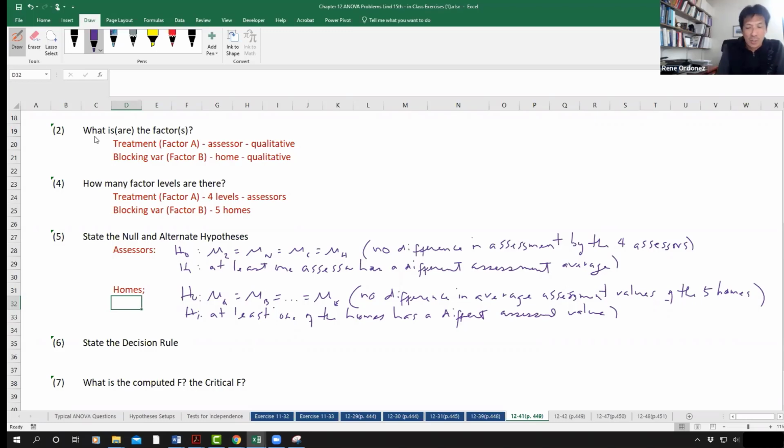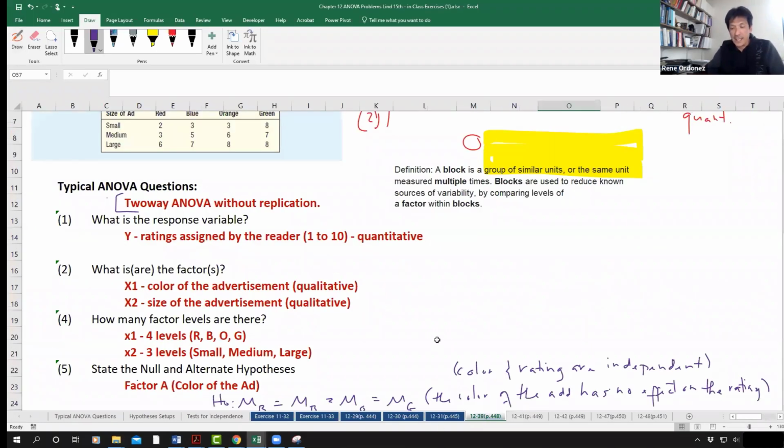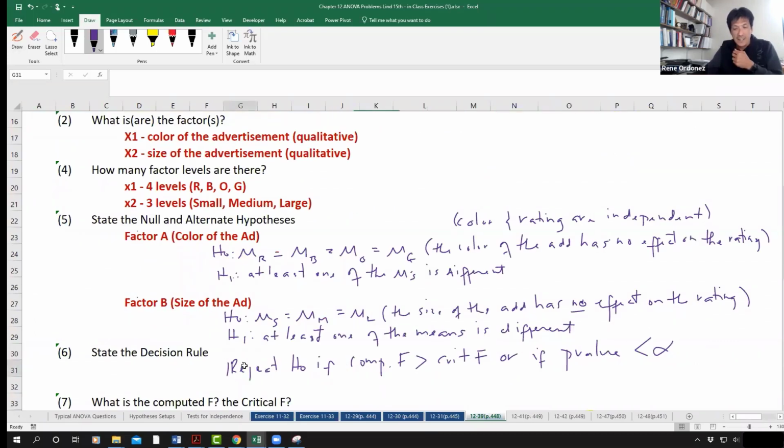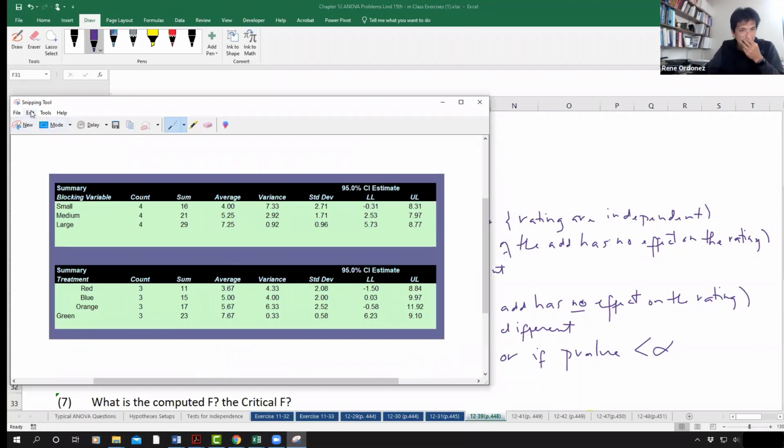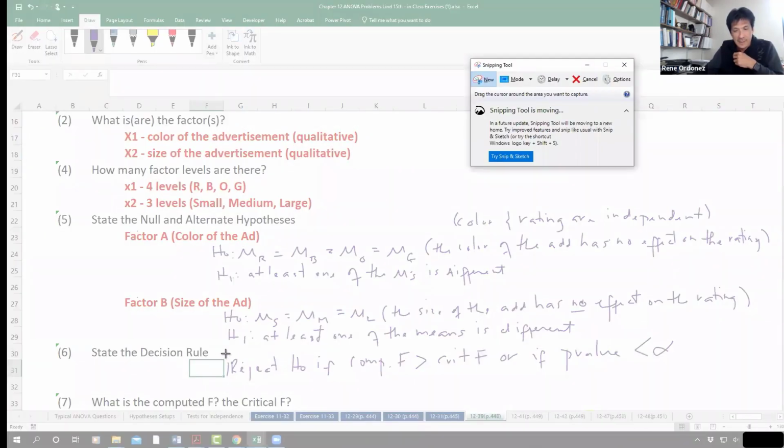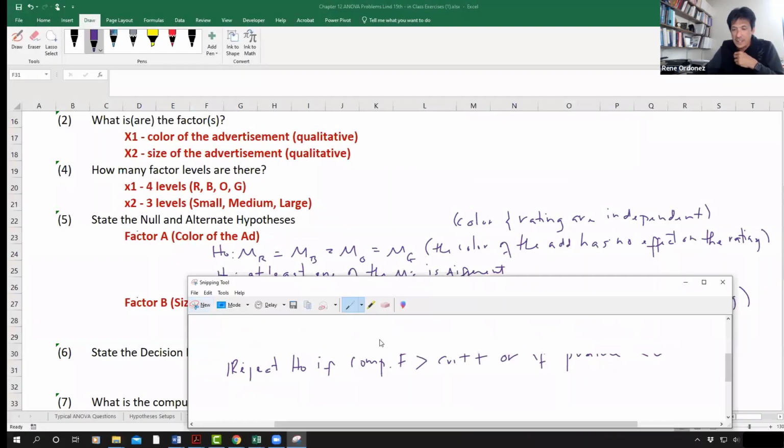So the decision rule will be, again, using this here. I'm just going to copy this down.